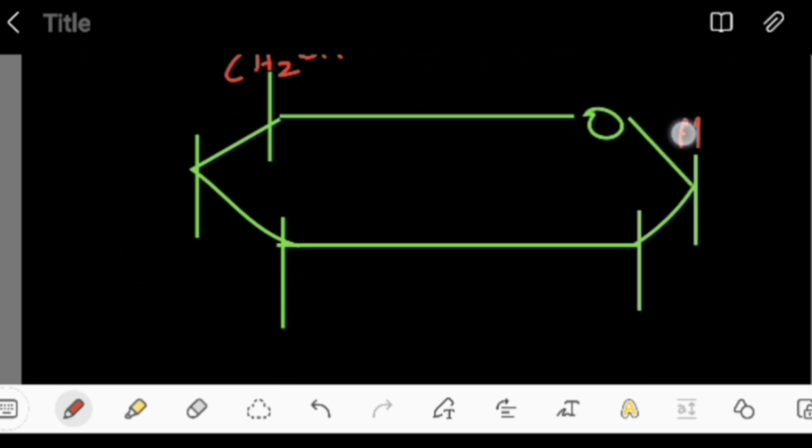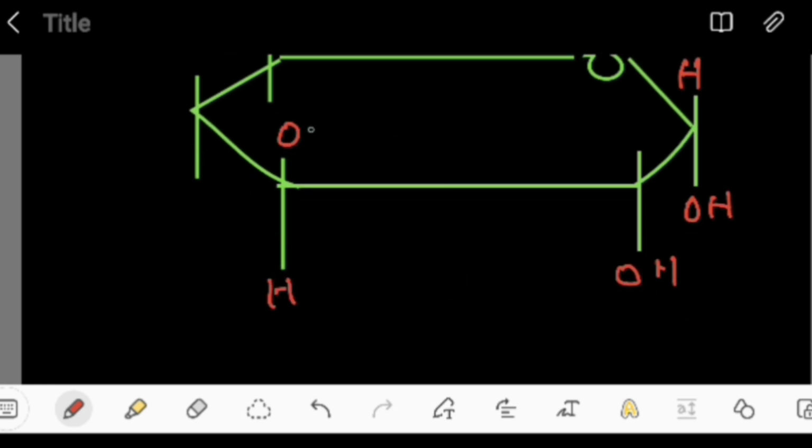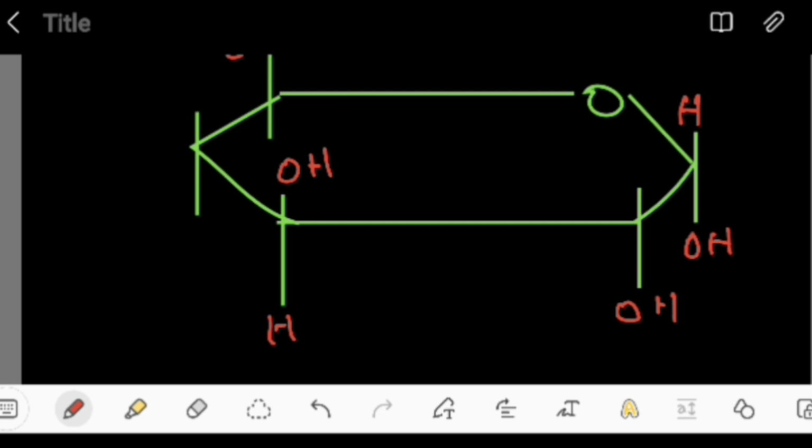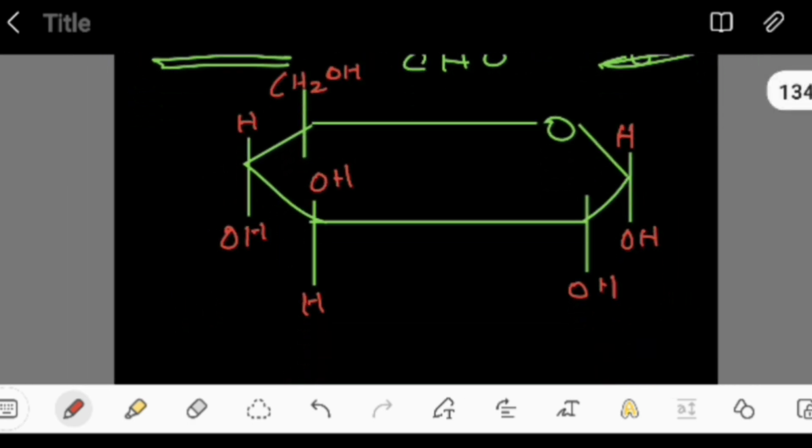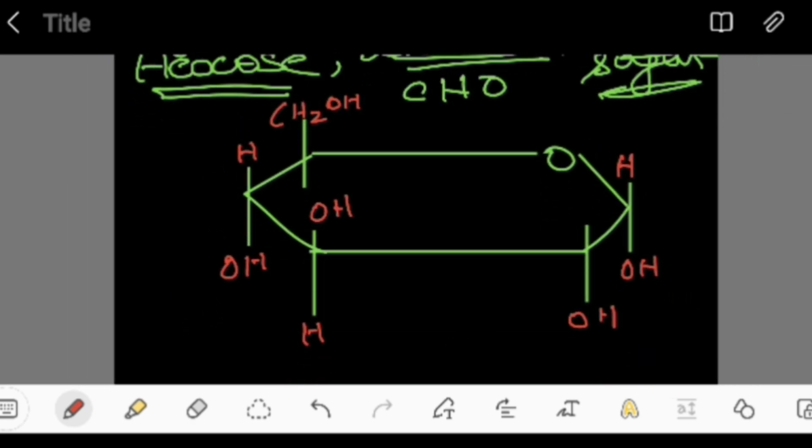Here you have H, OH. In the second carbon there is a difference, H and OH and H. So this is the structure of glucose. That is, this third carbon has a difference.